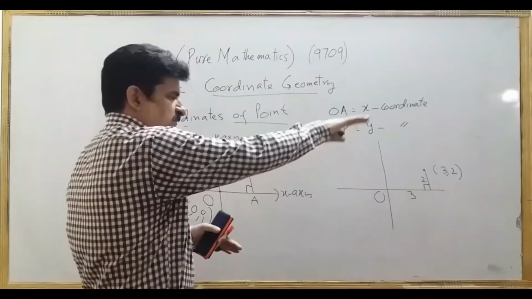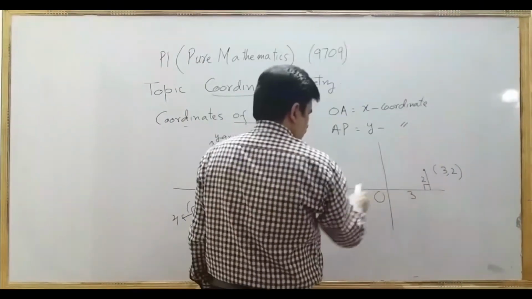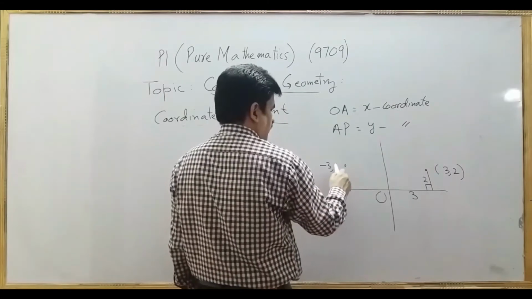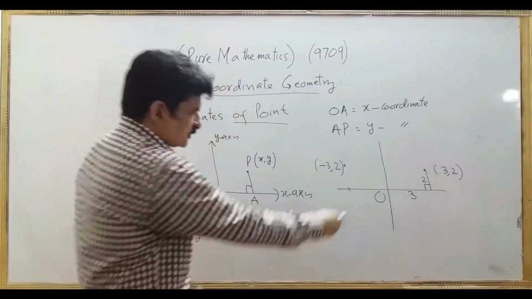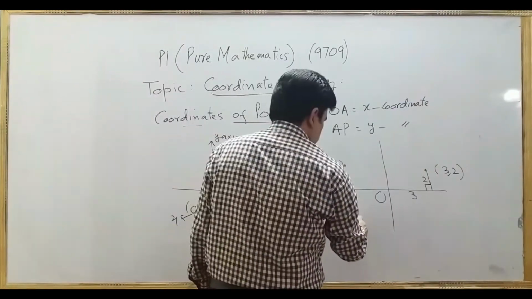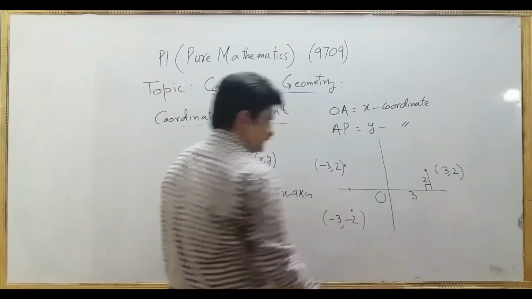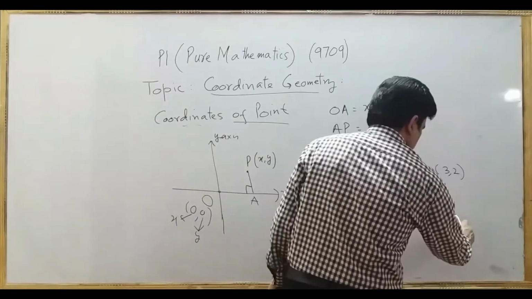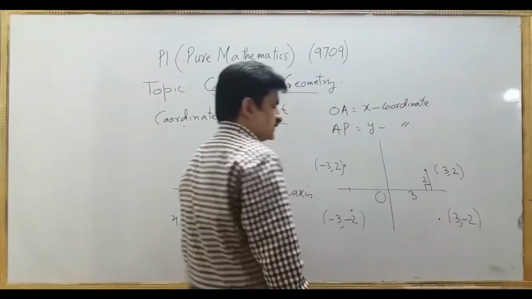So we have moved towards positive direction first, then along y-axis. If I take the same point in the second quadrant, its coordinates will be minus 3, 2. So x coordinate will be negative. If you take the same point in the third quadrant, both coordinates will be negative. If we take the point in the fourth quadrant, x will be positive and y will be negative.